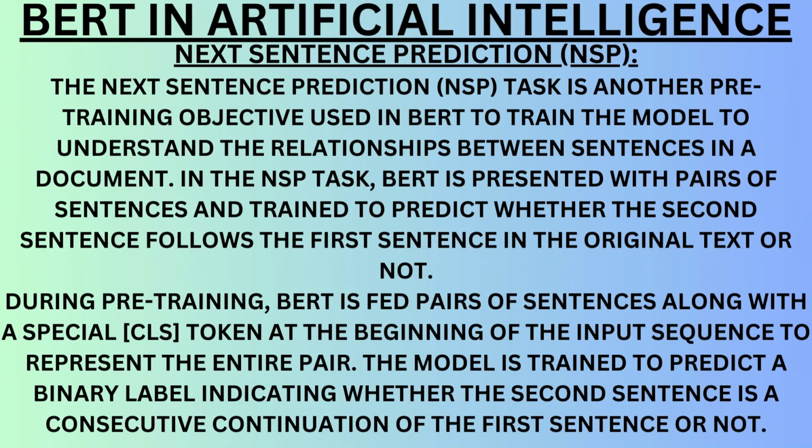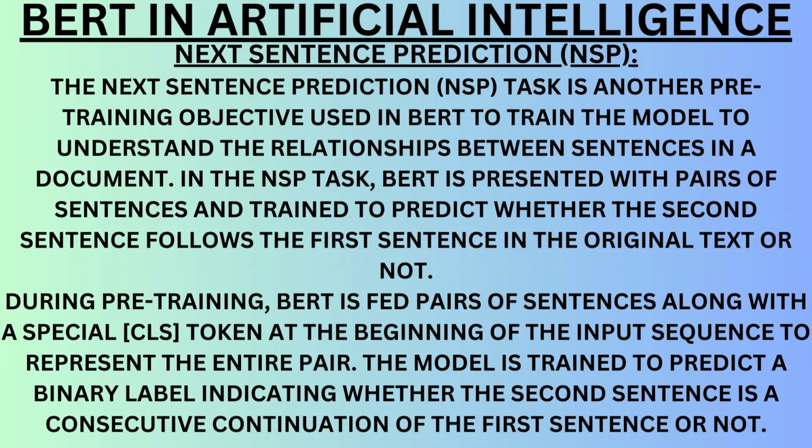Next sentence prediction, NSP. The next sentence prediction (NSP) task is another pre-training objective used in BERT to train the model to understand the relationships between sentences in a document. In the NSP task, BERT is presented with pairs of sentences and trained to predict whether the second sentence follows the first sentence in the original text or not.